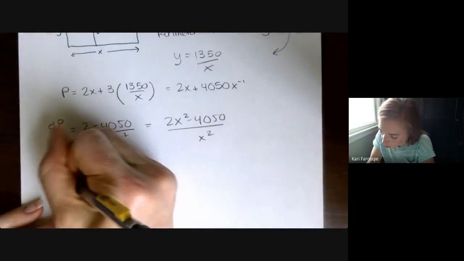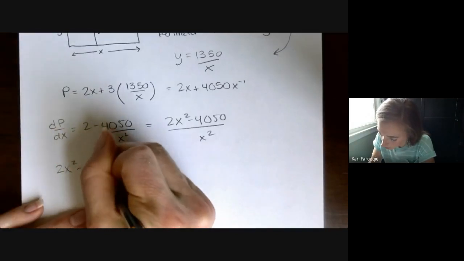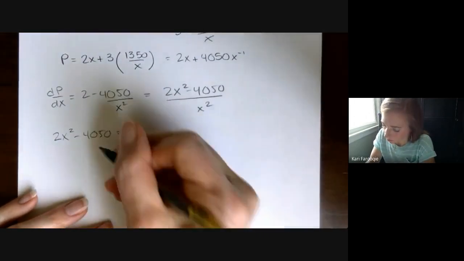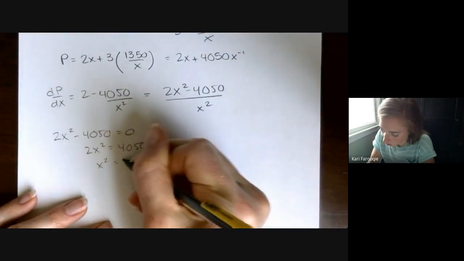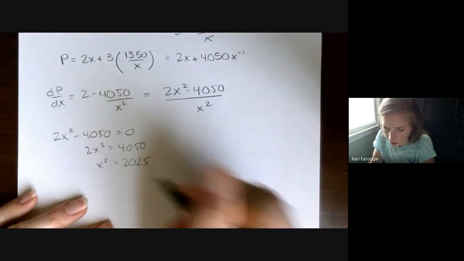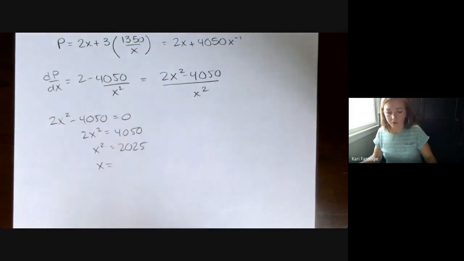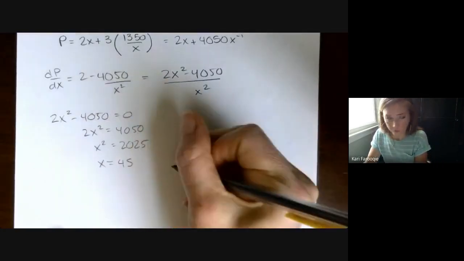And then you'll take the numerator, because we don't want x to be 0 anyway in the denominator, set it equal to 0. 2x squared is 40/50, x squared is 20/25. And then x is equal to the square root of 20/25, which is 45.